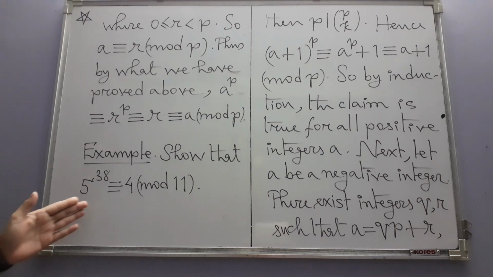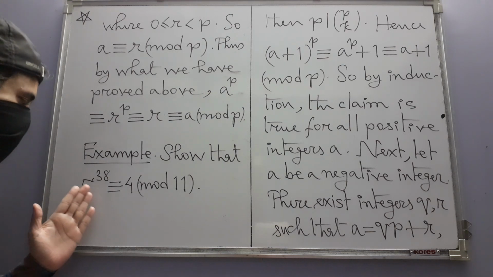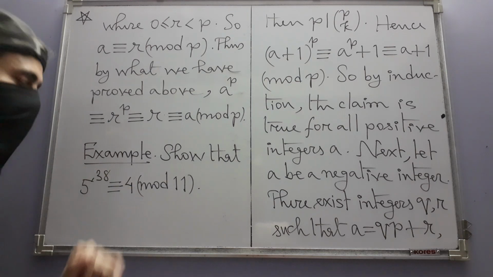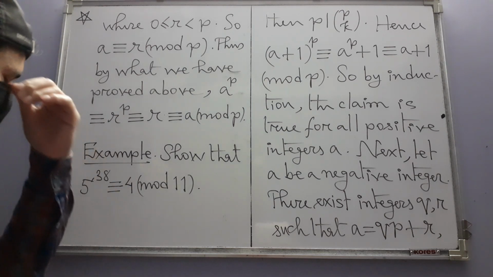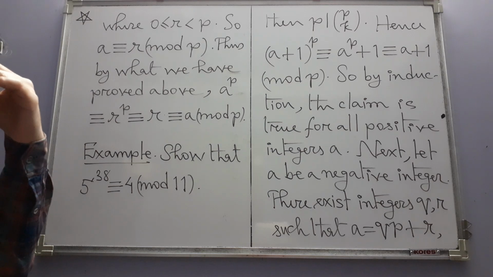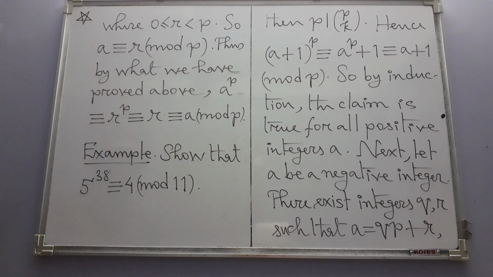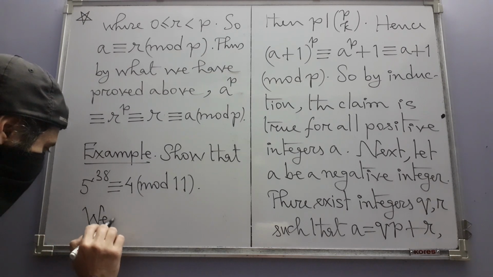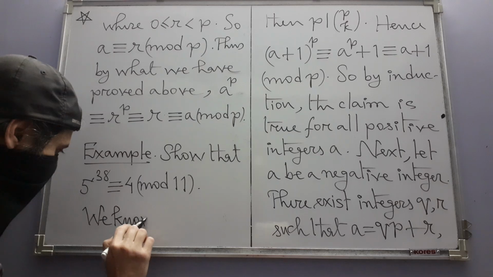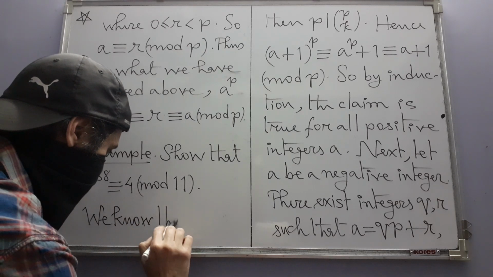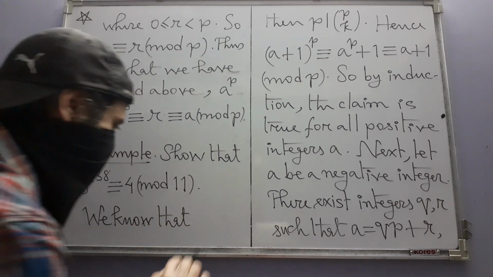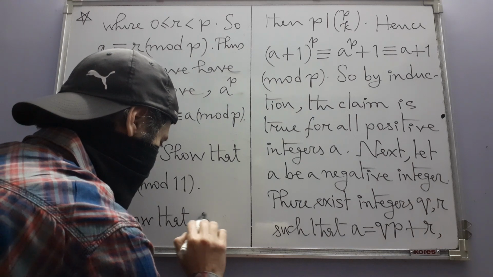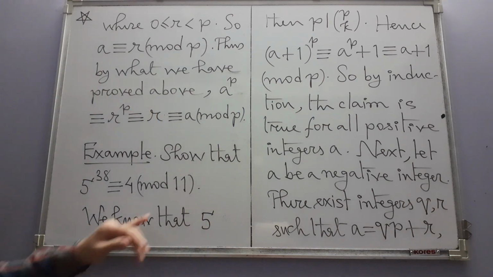Okay, so how can we, of course, we are not going to calculate 5 to the power 38 exactly. That may be very large. So what we are going to do is we will use this corollary. We know that, note that the modulus 11 is a prime.